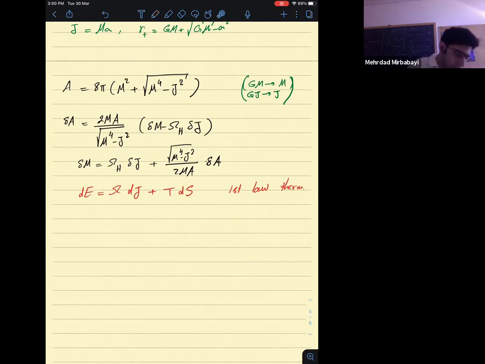So what we see is that this equation that we derived for the change of the mass of the black hole, the relation between change of the mass, angular momentum, and the area, superficially looks like the first law of thermodynamics.